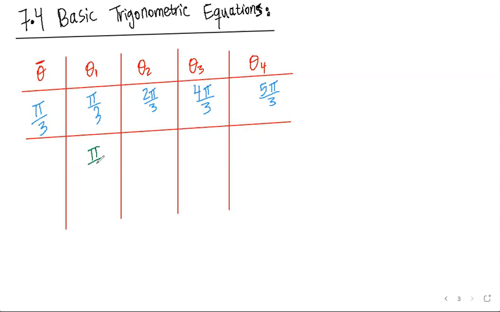Pi over 4, first quadrant, 3 pi over 4, second quadrant, 5 pi over 4, third quadrant, 7 pi over 4, fourth quadrant, have the same reference as pi over 4.